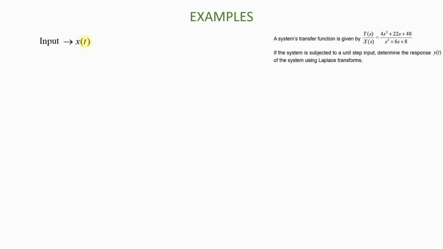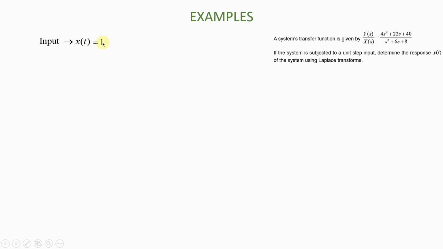That is why the input is a function of time, and because the input is a function of time, the output yt is also a function of time. In this case, the input is xt, and you are told that the system is subjected to a unit step input. What that means is that xt is equal to 1. So xt is equal to 1.